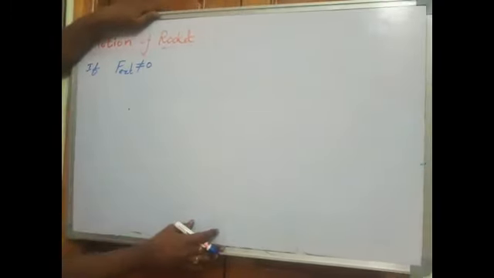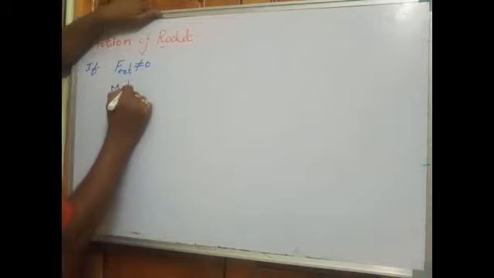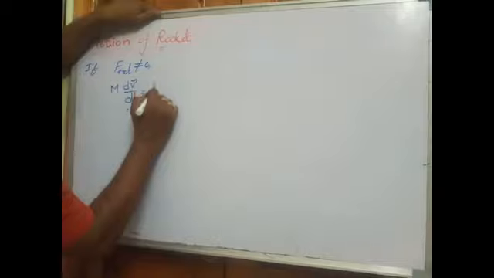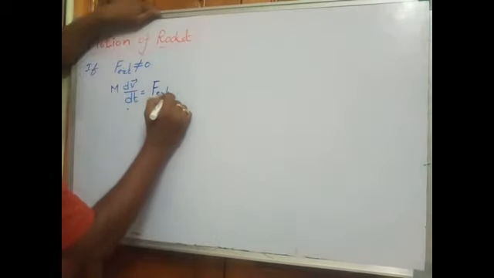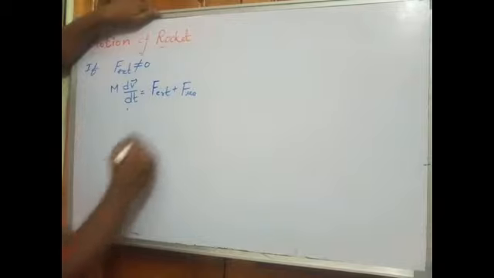If external force is acting on the rocket, already we know that m into dv bar by dt equals the instantaneous force acting on the rocket, which equals F external plus F reaction force.